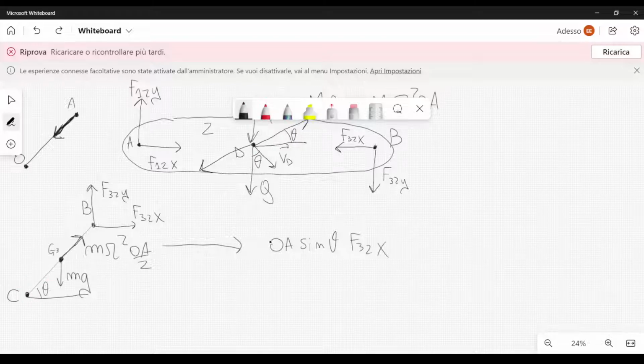And I will consider a positive sign here for torques, or in this case I should say moments directed clockwise.